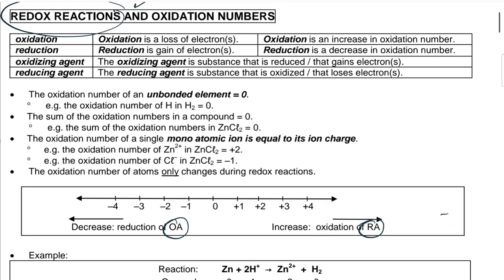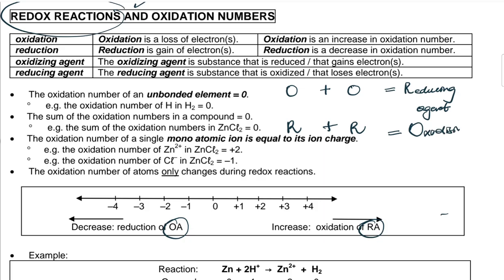Okay, let me explain the oxidizing agent and reducing agent. If you have O plus O, this equals R. This side, we're going to talk about the reducing agent. Then I'm having R plus R equals O, which is the oxidizing agent.